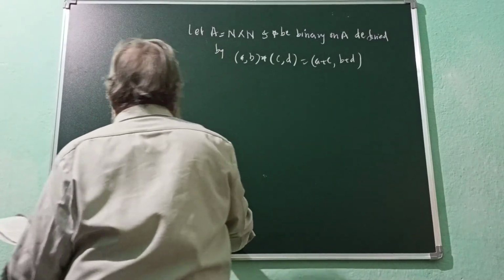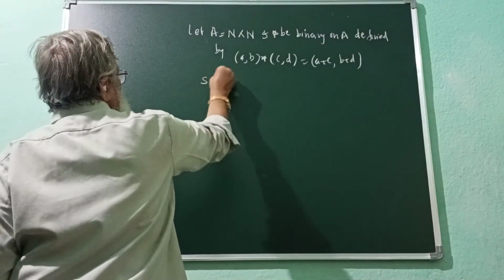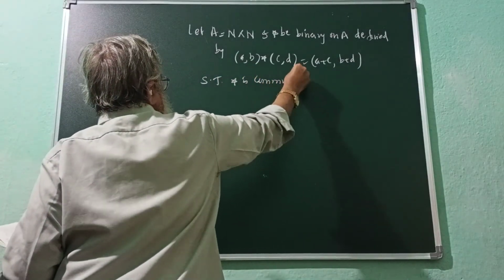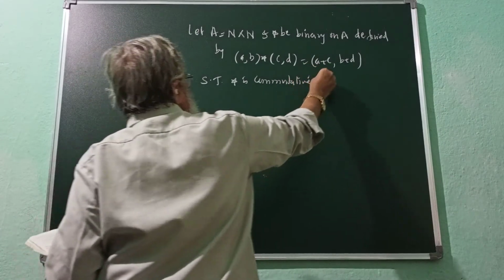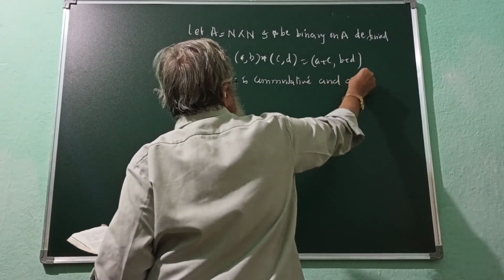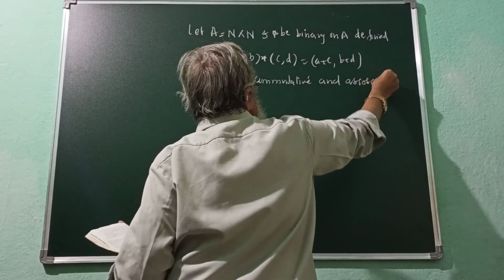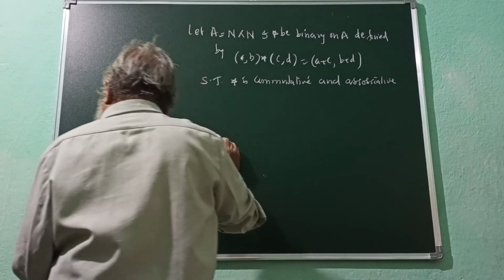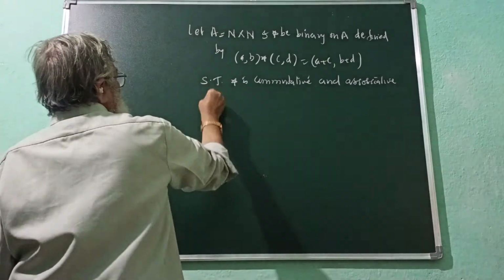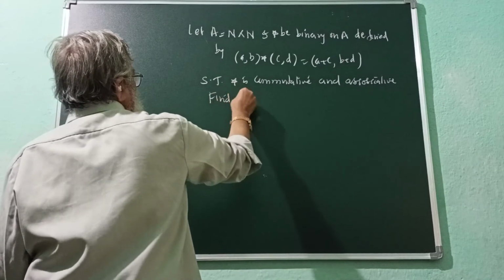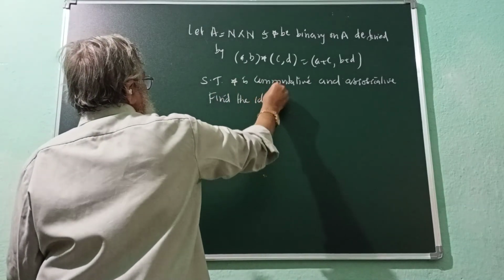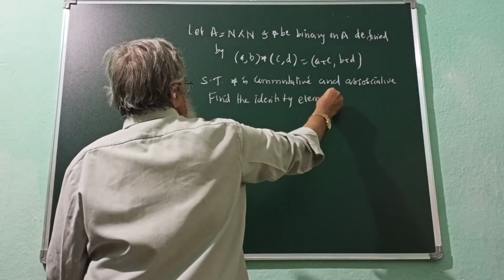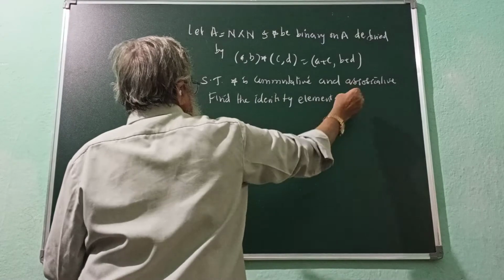Show that star is commutative and associative. Find the identity element of star, if any.